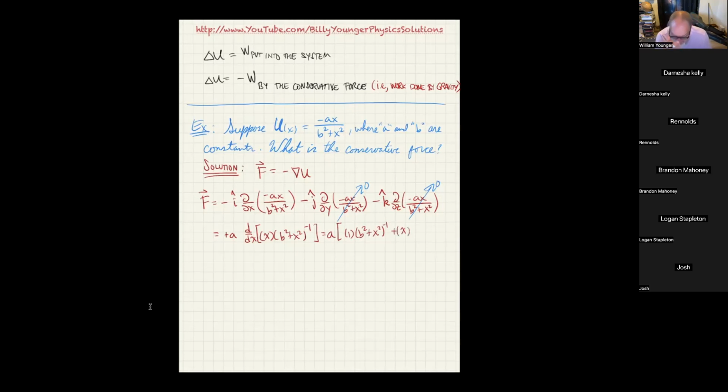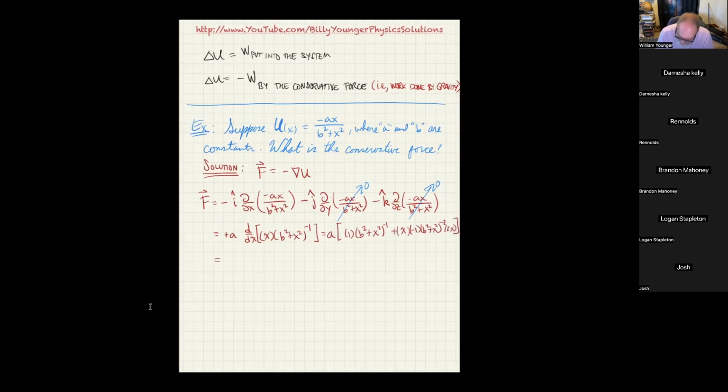Well, the second function is sort of like u to the -1 power. So that becomes -1 times u to the -2, which will be b squared plus x squared to the -2. And then the chain rule says I have to take the derivative of u with respect to x. So that's going to be 2x right here.